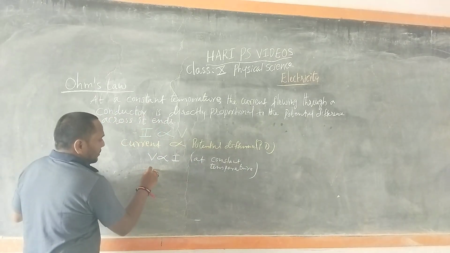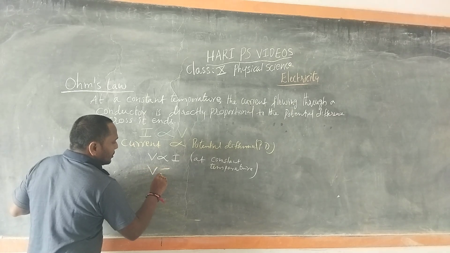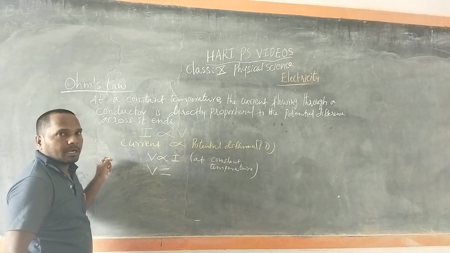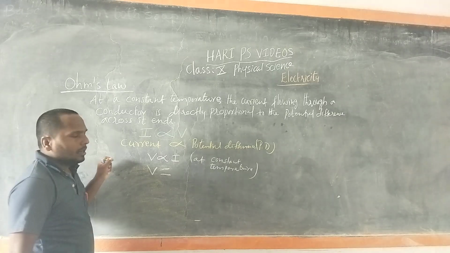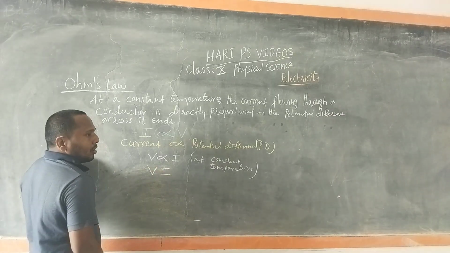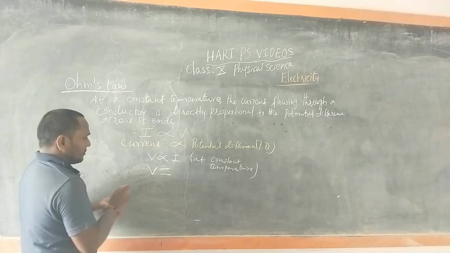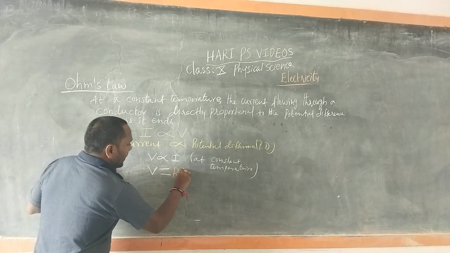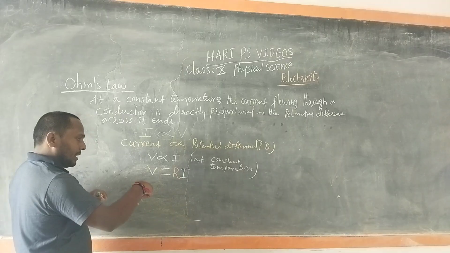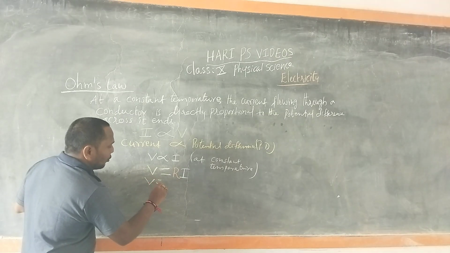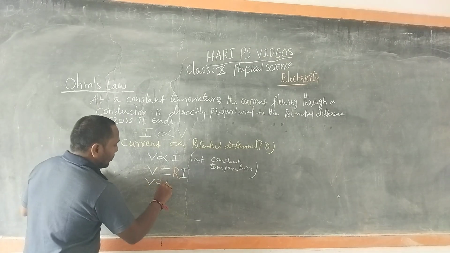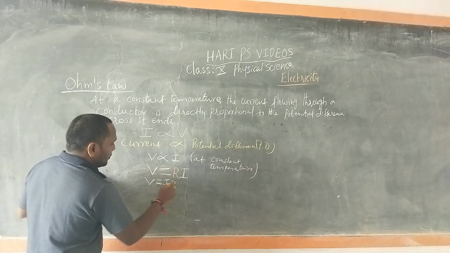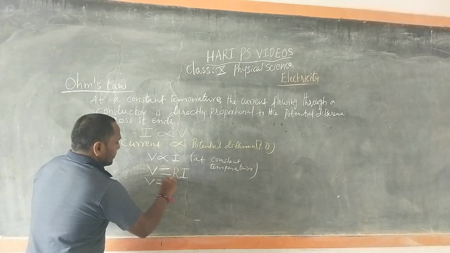From this we can write V is equal to, in place of the proportionality symbol, a constant R, times I. V is equal to IR.